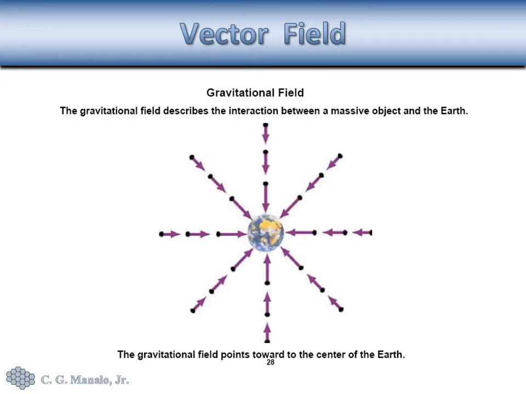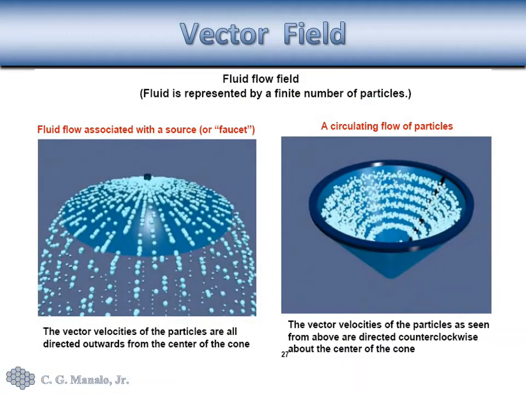Another example of a vector field is the gravity that we have on Earth. So the direction of this field is obviously towards the center of the Earth, like that. Here we have another example of a vector field.